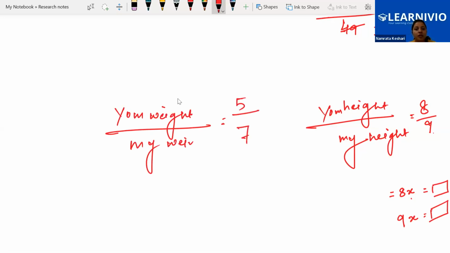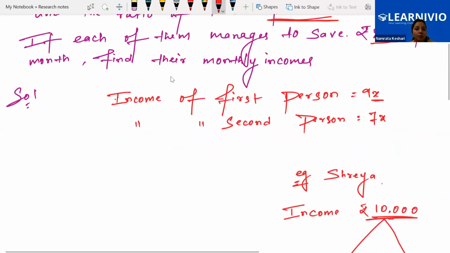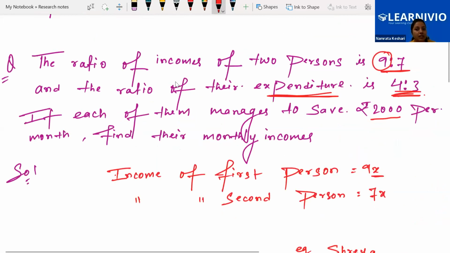So here also we will not assume your weight as 5x and my weight as 7x, because whatever was x over there, maybe that's a number 20, 30 or whatever. It is not compulsory that here also it will be the same x. That's why in this question we are not going to take the same variable for both ratios: 9x, 7x here, and 4y and 3y we will be taking.